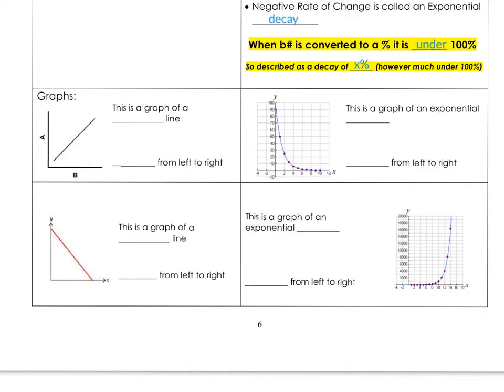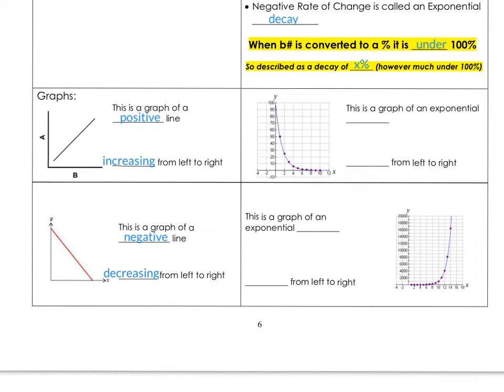Okay, so when we look at our graphs, back to linear functions, on the left side here, this is a graph of a positive line, shown increasing from left to right. The next example below that for the lines is a graph of a negative line, and it is decreasing from left to right.